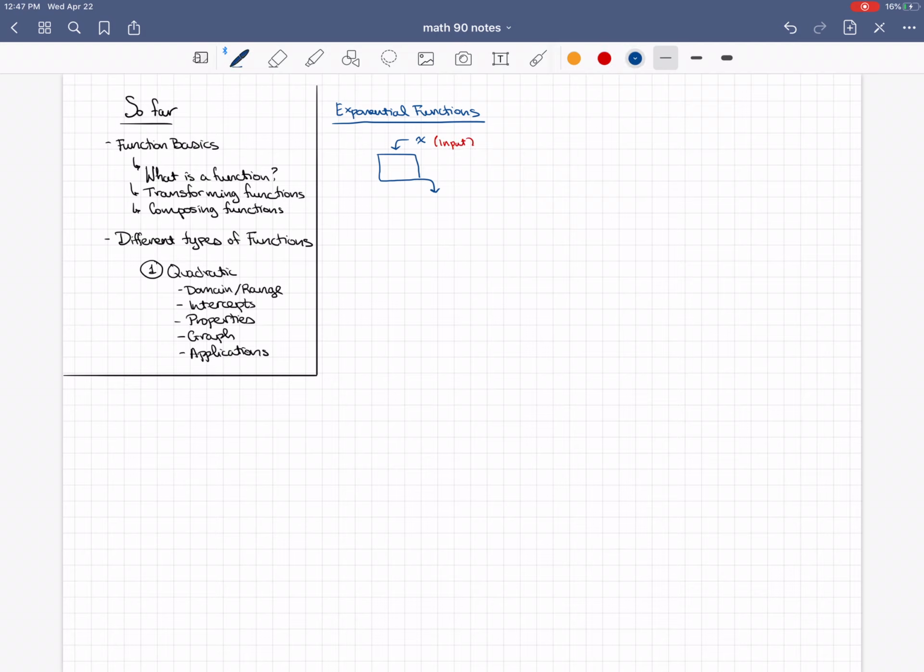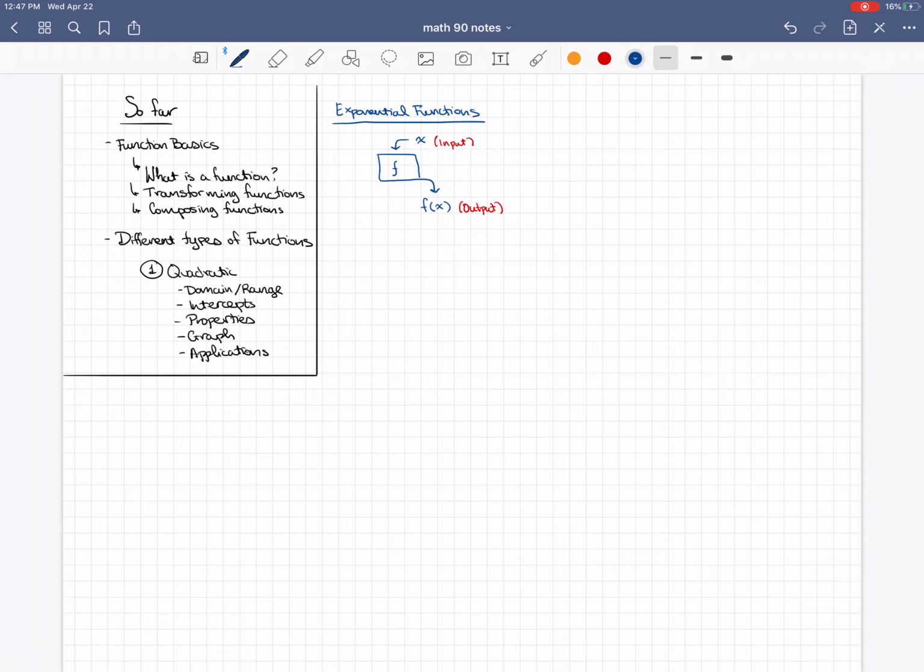And then the function does something to it, and that's the question. What does it do? And it produces an output, right? So we've been calling that output f of x. Graphically, this shows up in the y coordinate, so some people will tell you the output is y. I like to keep it in function notation. So the question is, to call it an exponential function, what is the rule of f?